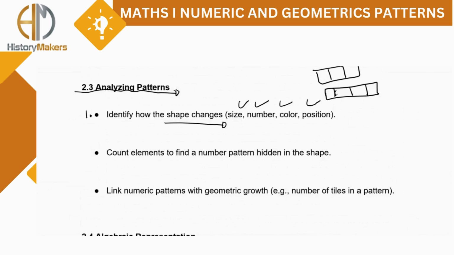That is how we can analyze a numerical pattern if we are given one. Secondly, we can count elements to find a number pattern hidden in the shape. Thirdly, we can link numerical patterns with geometrical growth.